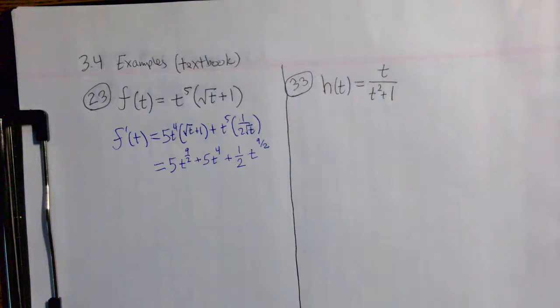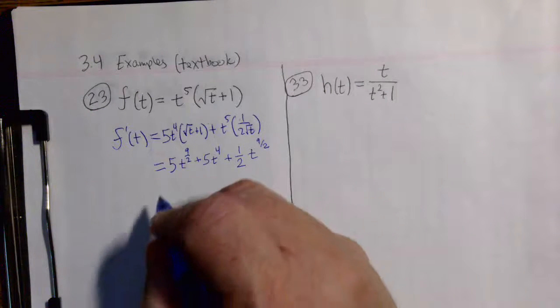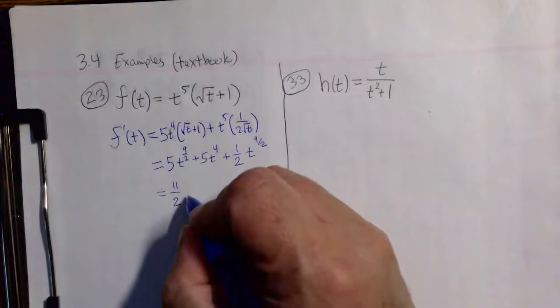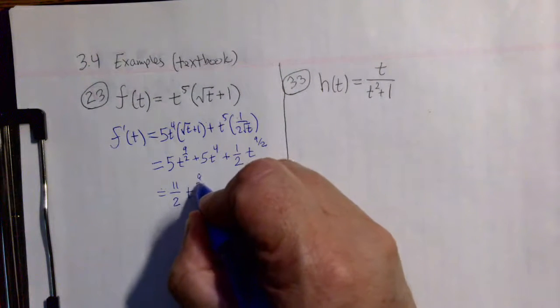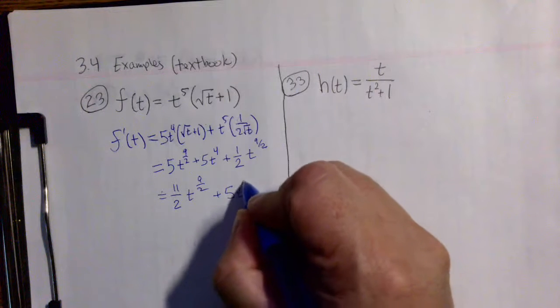Okay, using rules of exponents there. 5 plus 1/2 is 11 halves. You get 11/2 t to the 9 halves plus 5t to the fourth.